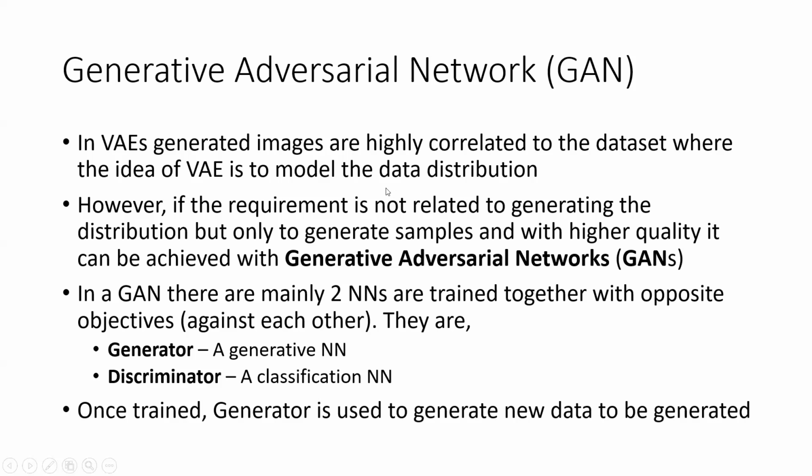So we are trying to model the data distribution of the sample dataset in the encoder and the decoder, and we are trying to generate samples from this distribution. But if we want some diverse kind of data, and you are not that concerned about the distribution itself, then you can use the generative adversarial network.